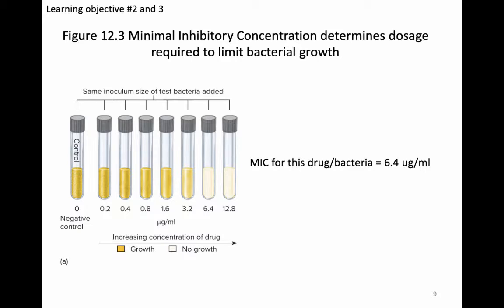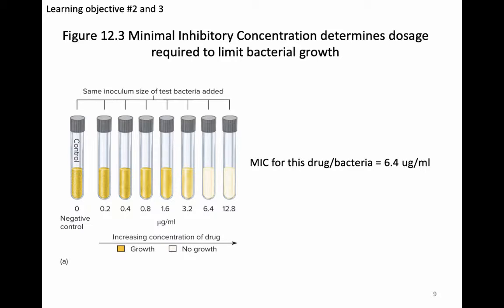So the growth of the bacteria is indicated in yellow. So any tube where the bacteria is able to grow is colored yellow, and tubes where the bacteria is not able to grow is colored white. So in this particular experiment with this antimicrobial drug bacteria combination, the minimum inhibitory concentration, or the first concentration where bacteria growth is prevented, is 6.4 micrograms per milliliter.